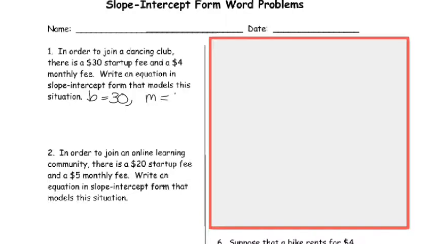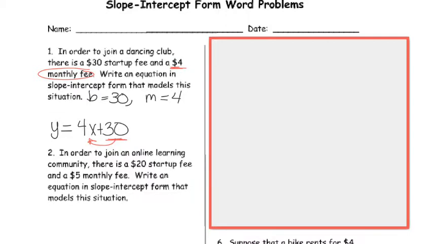So your m is 4. So y equals my slope, which is 4x, plus 30. I'm starting with $30, and then I add $4 per month. As soon as you see this monthly fee or per, that is usually where your slope comes in. So y equals 4x plus 30.